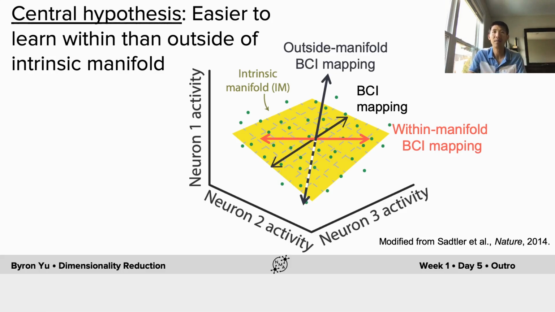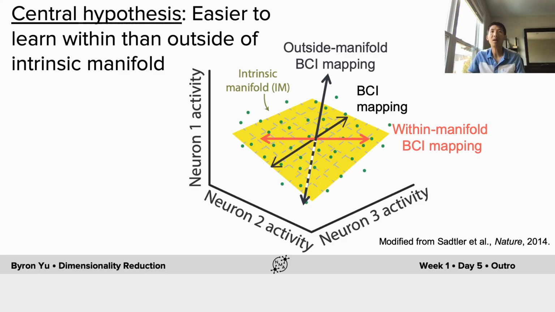So it's not as if right after we switched the mapping, the within manifold mappings were easy and outside manifold mappings were hard. That would not be an interesting experiment. Rather, we want the initial difficulty right after we switch the mapping to be matched in the two cases, and then we can watch how learning proceeds from there.